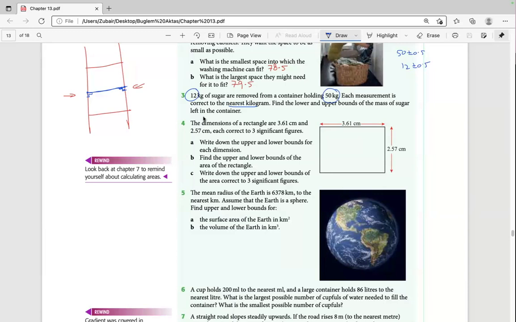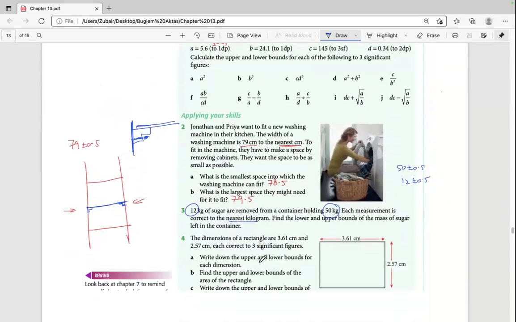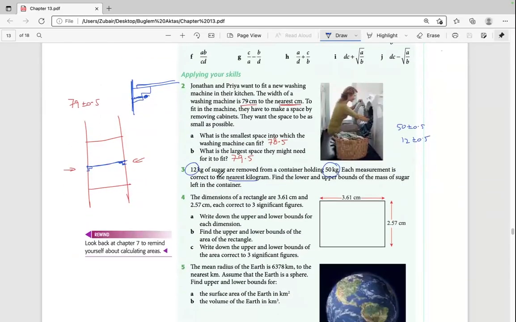But in some cases, like in question 1, which we just did, we are sometimes using the higher end and sometimes using the lower end. So, 12 kg of sugar are removed from the container. Each measurement is correct to nearest kilogram. Find the lower and upper bound of the mass of sugar left in the container.